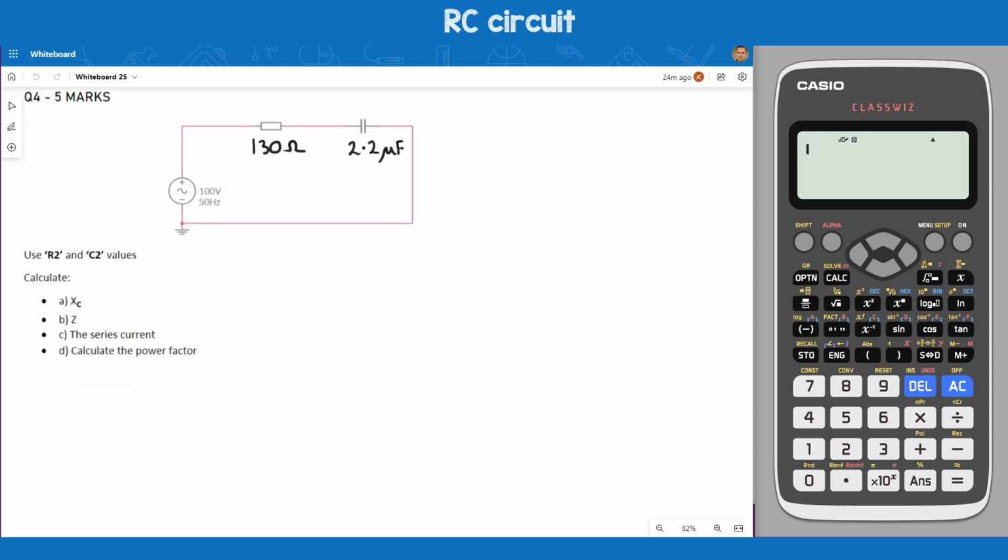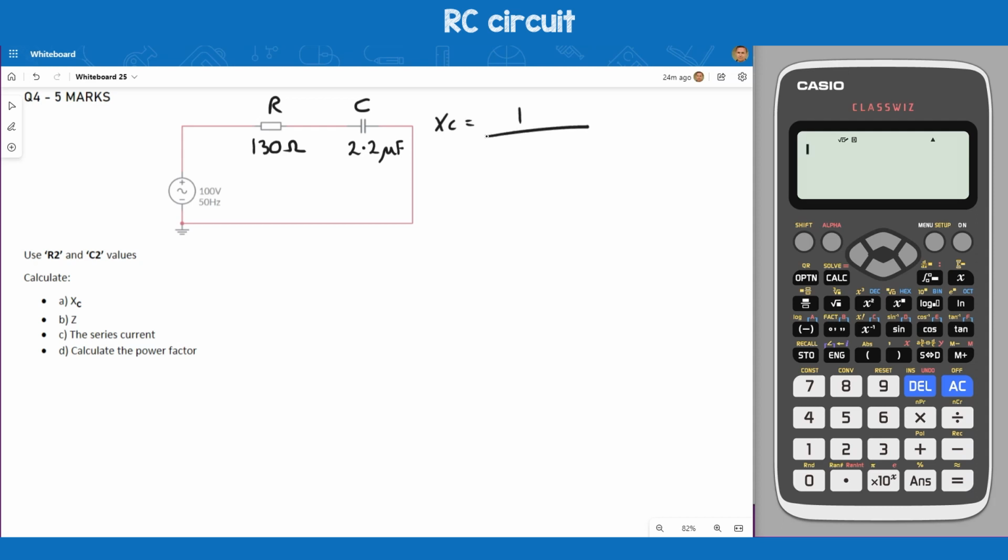This is another 5-mark question, but it is an RC, or resistor capacitor circuit. We're finding the capacitive reactance, XC, then the overall amount of ohms, the impedance, then the current and power factor.